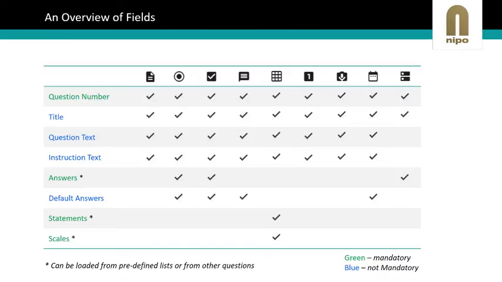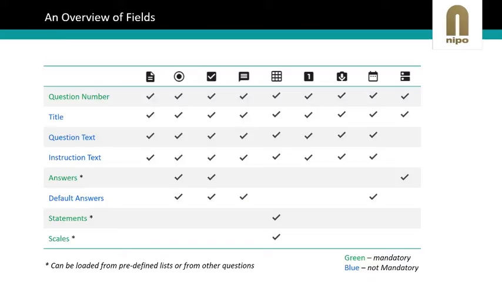For example, question number: for every type of question, you will need a question number. Some things are not mandatory, or you can work without them. For example, question text. Of course, you can work without the question text, but probably not. If you have no question, you will have nothing to ask. So it's not mandatory, but you should have that.